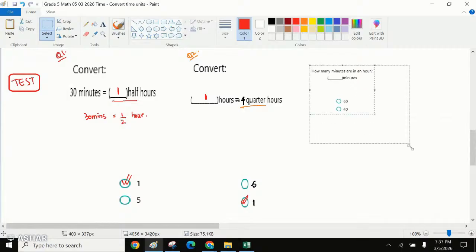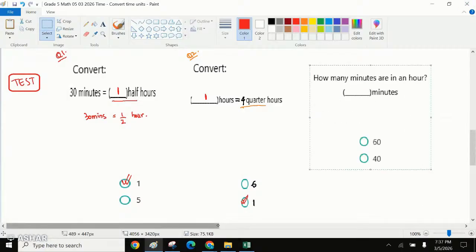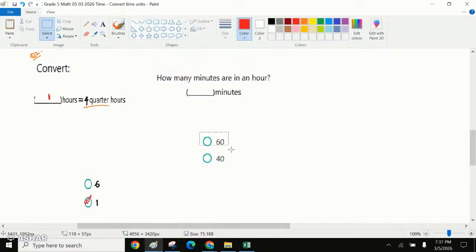Okay, let's change some values in question number 3. How many minutes are there in an hour? Very simple. I'm not changing the difficulty level now because we are doing lesson number 1, right?